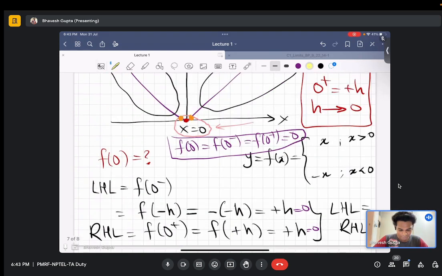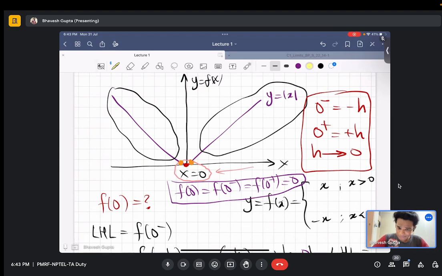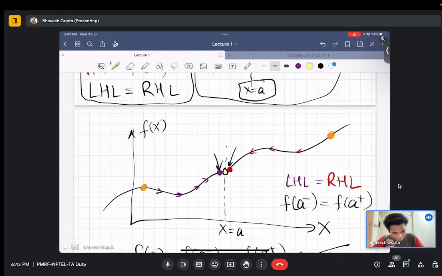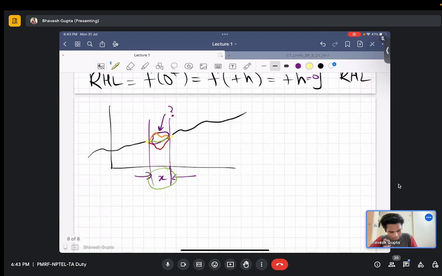In the above case, you can say what the answer is, because that's an isolated point, a single point which you don't know. But in this case, you have a range of points which you don't know. So in between, almost infinite possibilities could happen.